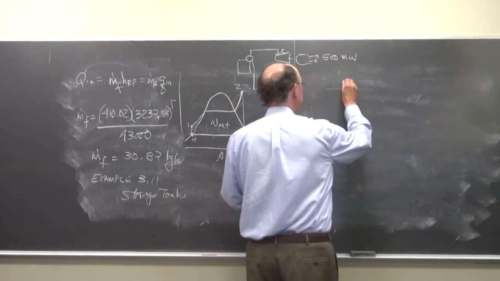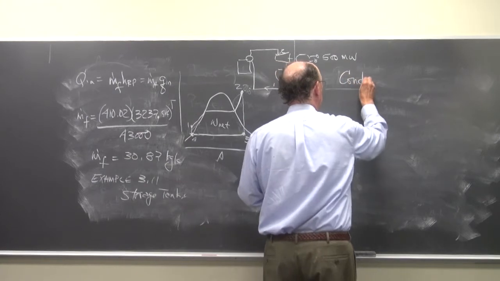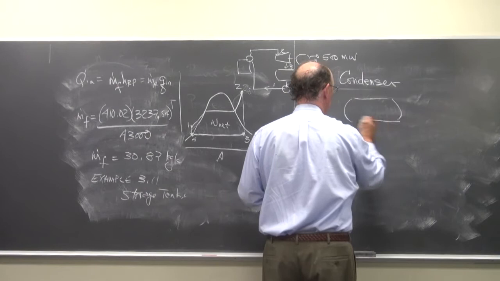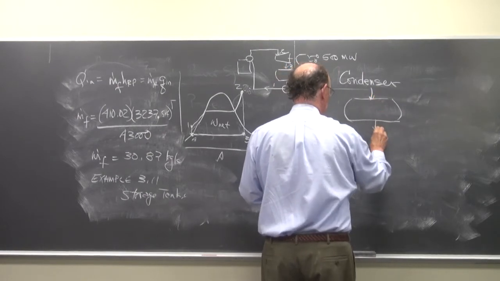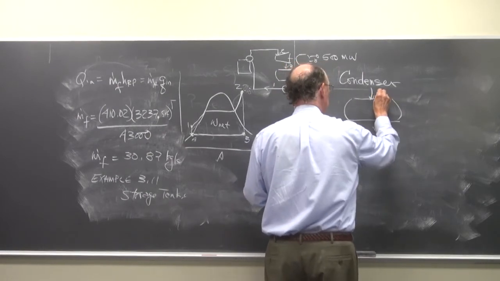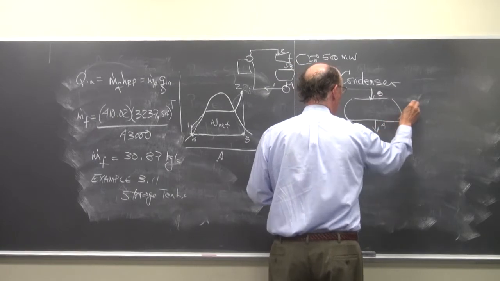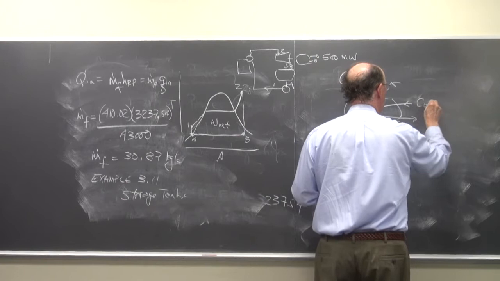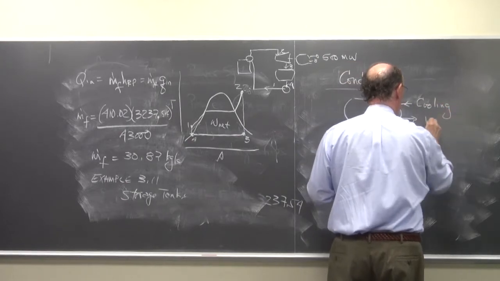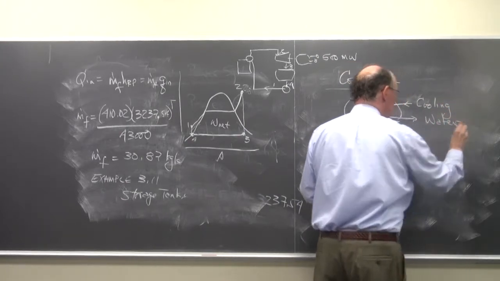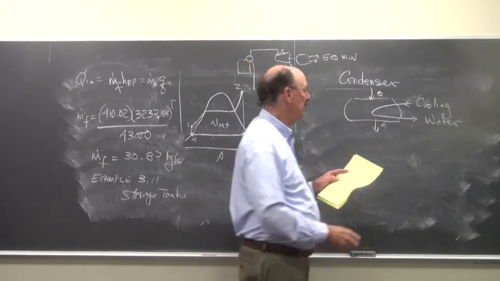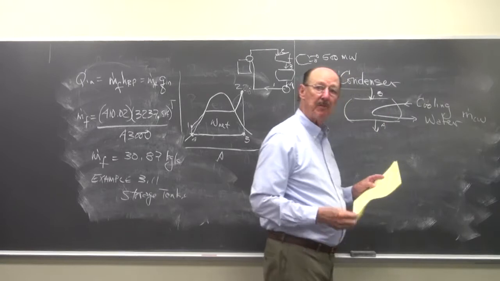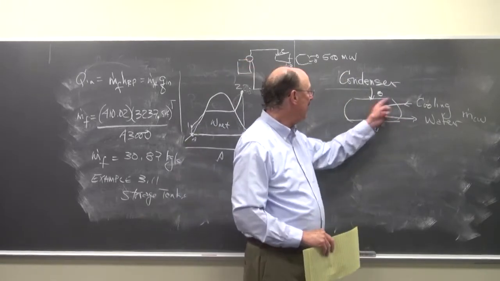So if I have the condenser, so here it is, and we saw here we have state 3 and state 4, but I also have the cooling water. So I have the cooling water that goes in, and let's say that I have a mass flow rate of the cooling water that goes in and out of the condenser.